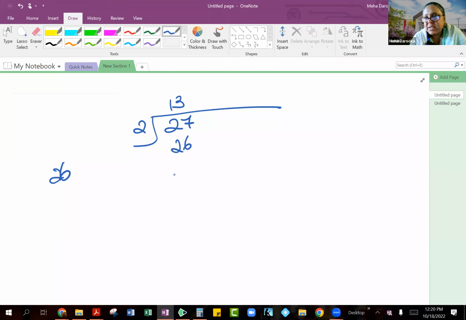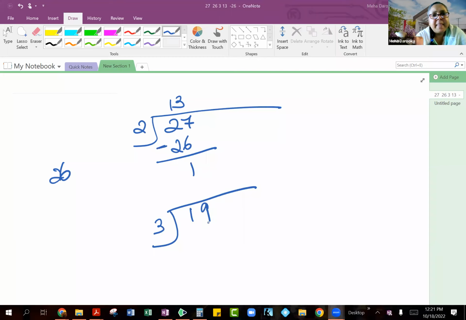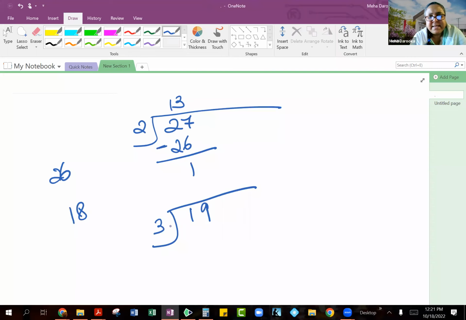Once you find that, you always end up subtracting, which gives you 1. You can have something like 3 dividing into 19. Again, what is the closest number I can get to? That would be 18, so 3 times 6 gives us 18. Again, you subtract and then you get a remainder. That's the process that you normally do with long division.